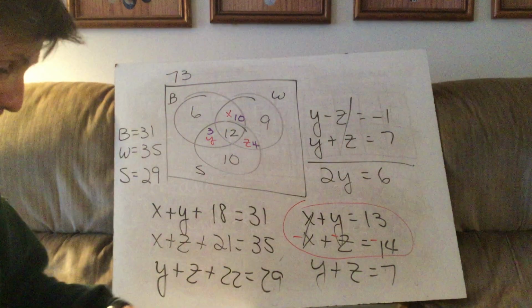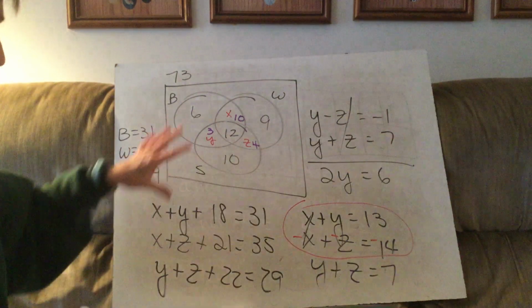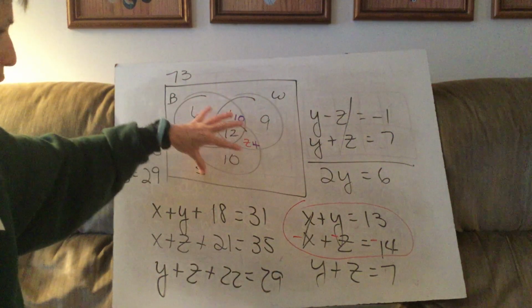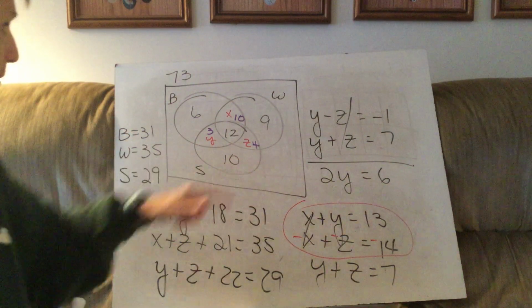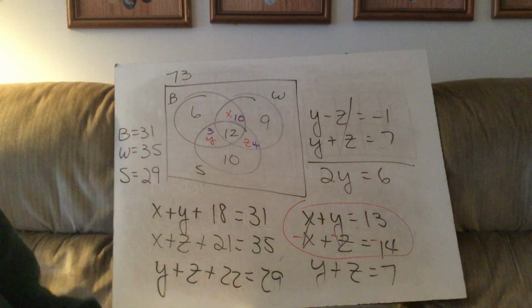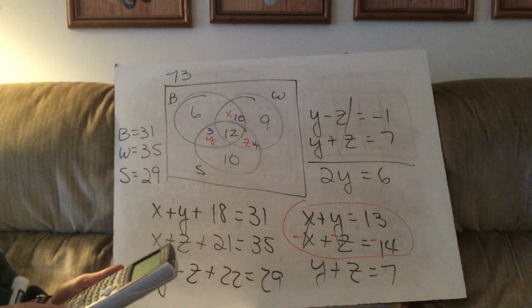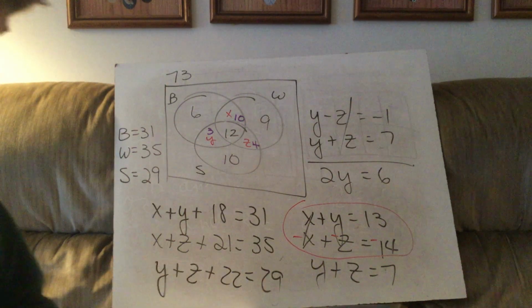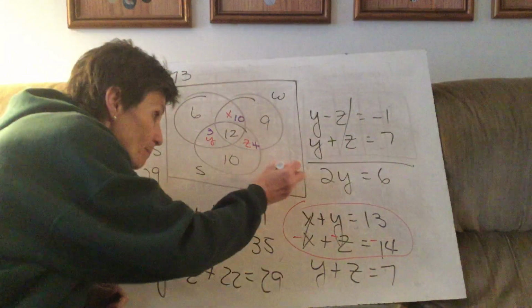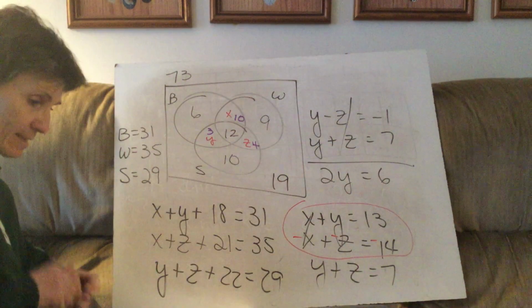Yeah, I got 54. So there are 54 people in the circles, which means that there are how many out here? Well, there's 73 kids in the gym altogether. So there are an extra 19 kids out here that aren't doing anything.